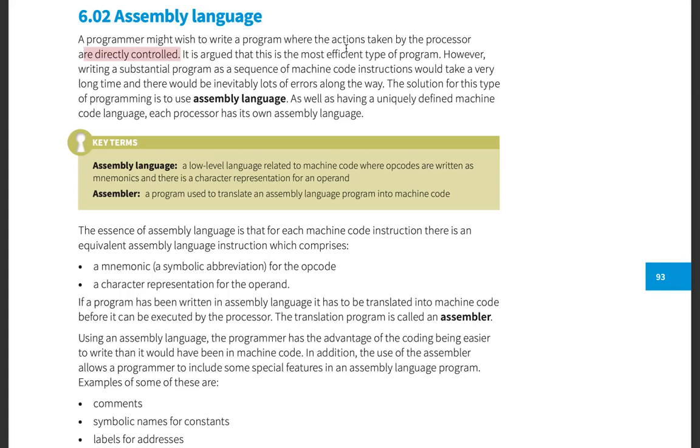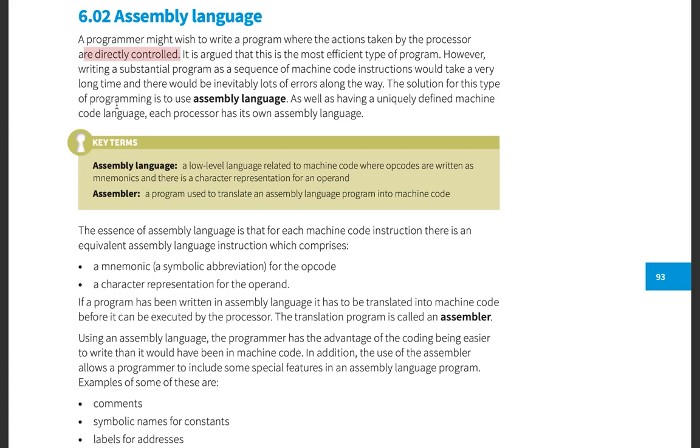So if the problem that you're trying to solve involves getting closer to the hardware, then you will obviously have to work with assembly language. However, writing a substantial program as a sequence of machine code instructions will take a very long time, and there would inevitably be lots of errors along the way. The solution for this type of programming is to use assembly language.